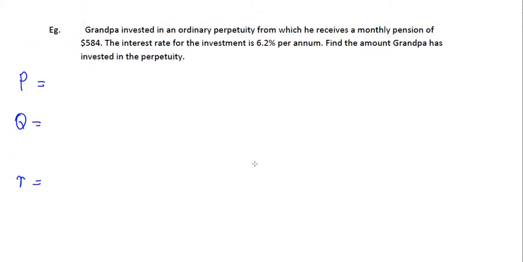Finally, we've got Grandpa investing in a perpetuity where he'll get a monthly pension of $584. So our Q value, which is annual, is going to be 584 multiplied by 12, which is 7,008. We want to know how much he's invested in the perpetuity, and it's 6.2% per annum.